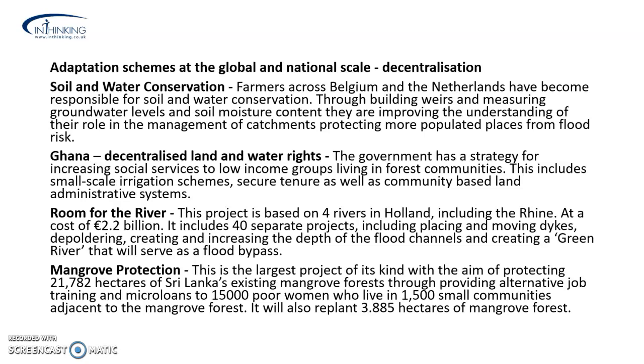So we've got soil and water conservation. So farmers across Belgium and the Netherlands have become responsible for soil and water conservation over their land. They've been incentivized to build weirs, which are these little barriers in the river, and that holds water back. They're monitoring and measuring groundwater levels and soil moisture content.